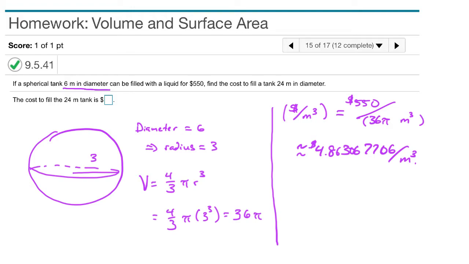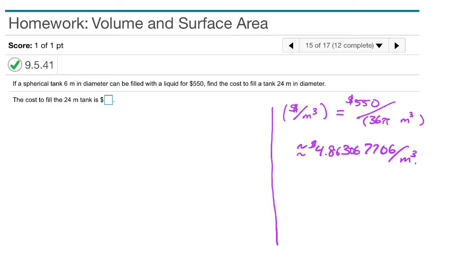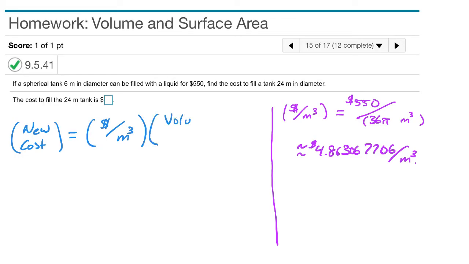So now the idea to get the cost to fill the new tank is basically going to be this: that the new cost is going to be our cost per cubic meter times the volume of the new tank.